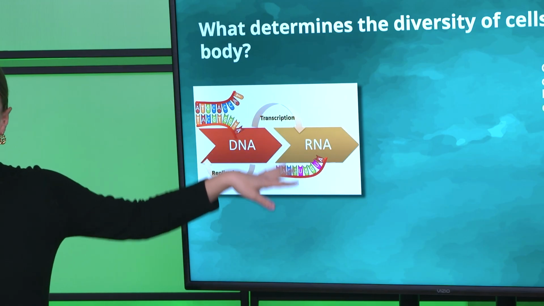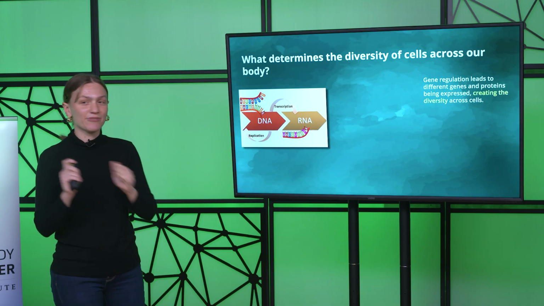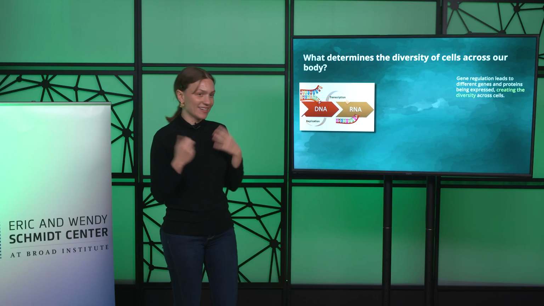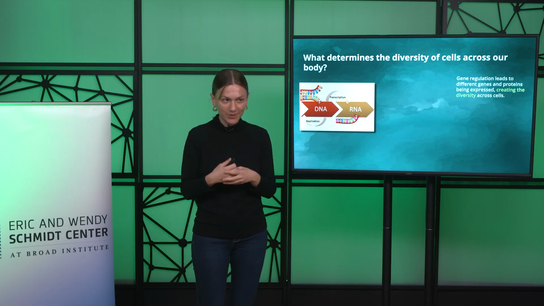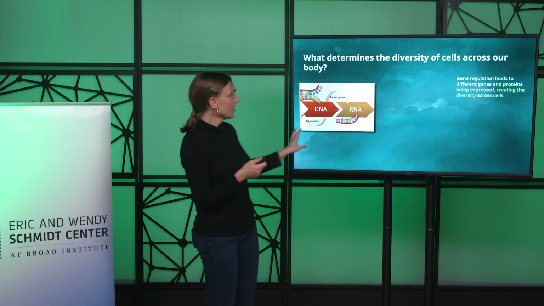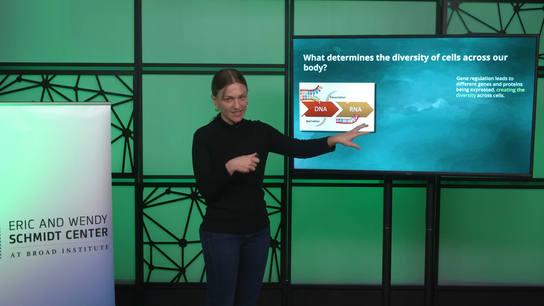So for every gene, you get some copies of RNA. The key point here is that different genes are switched on in different cells. So in a cell in adipose tissue, for example, in an adipocyte cell, we would see the adipocyte genes switched on, and so we would produce a lot of RNA that corresponds to those adipocyte cells.